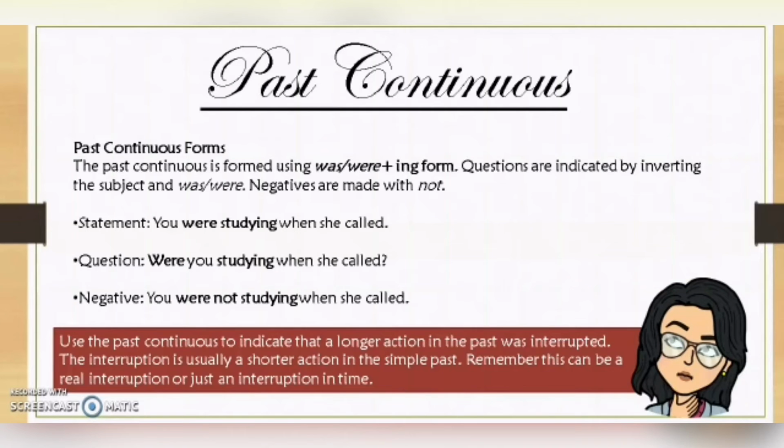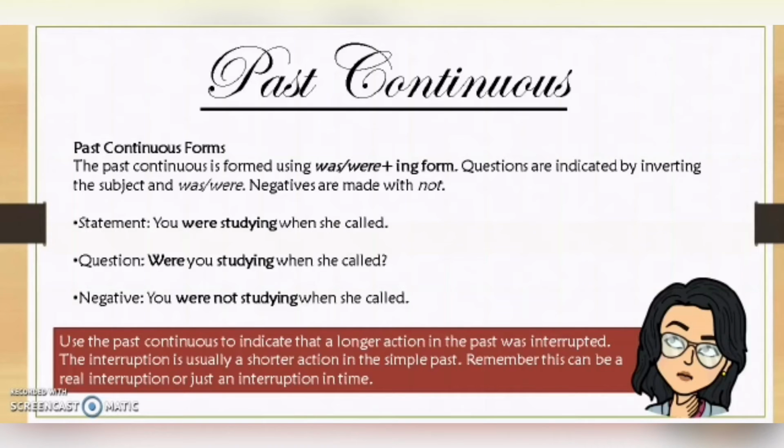The past continuous is formed by using the past tense of the verb to be, that is was and were. Remember, we use was with she, he, and it, and in this case we use it with I too, okay?